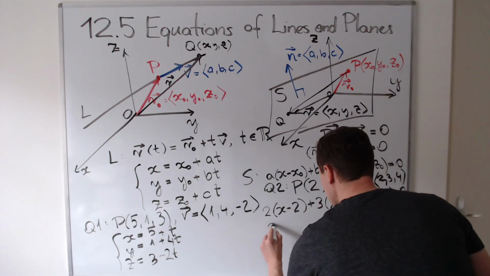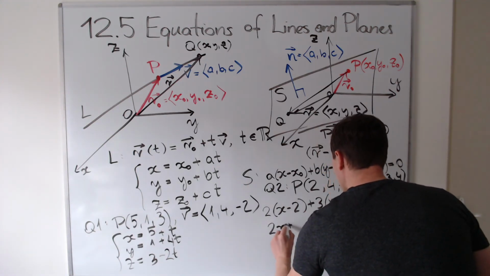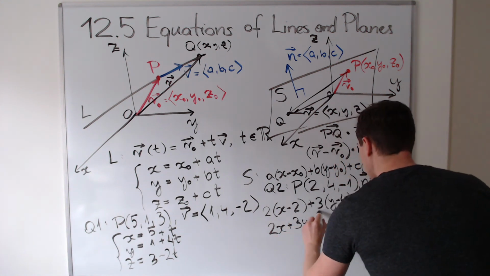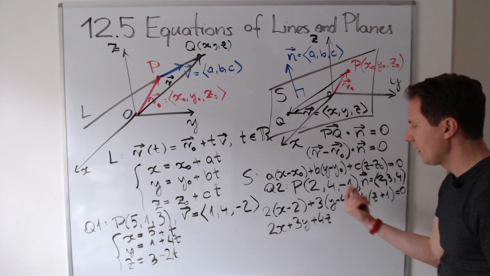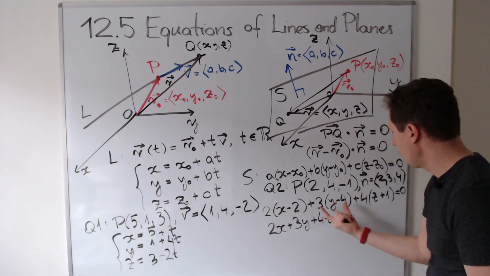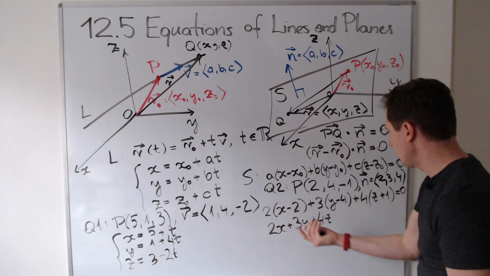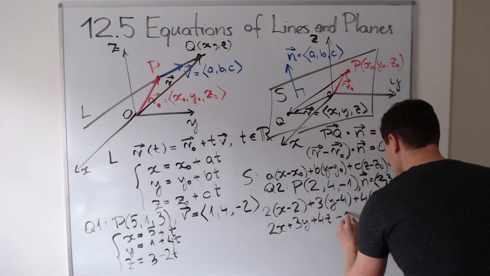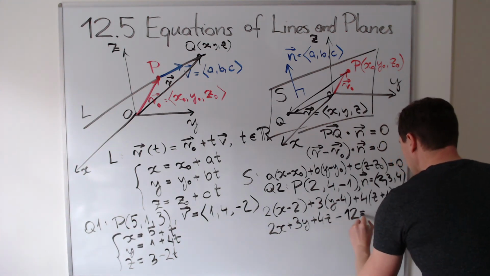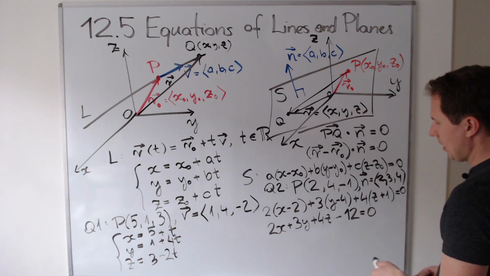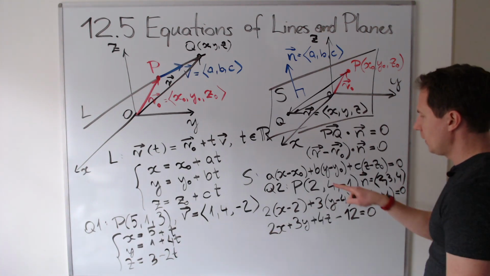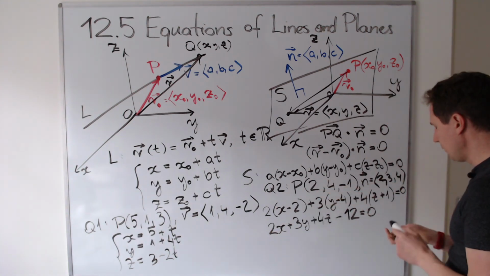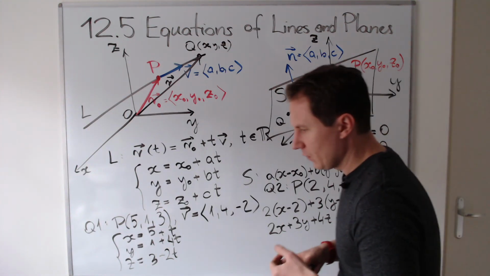You can of course expand to get 2x plus 3y plus 4z and then collect the constants. Minus 4 minus 12, that's minus 16, plus 4, that's minus 12 equals 0. So that's the equation of our plane that passes through P and has a normal vector n.